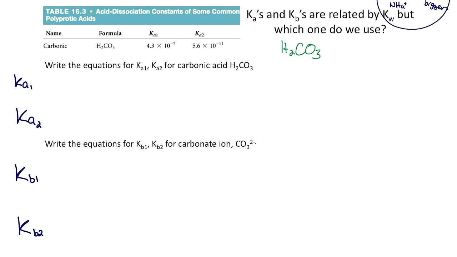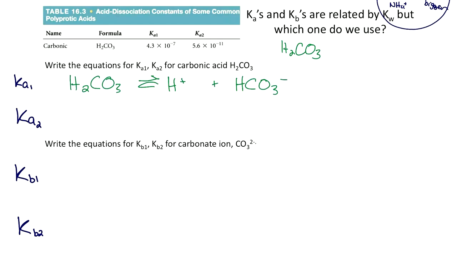So Ka1 is carbonic acid acting as an acid, but we only take off one proton. So when one proton comes off, what's left over? HCO3 minus, all right? So the second Ka value, Ka2, what's my reactant in Ka2?